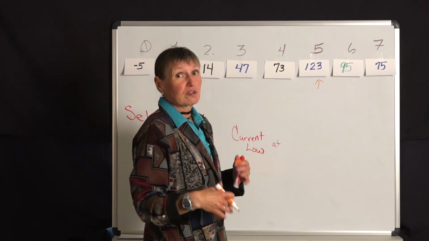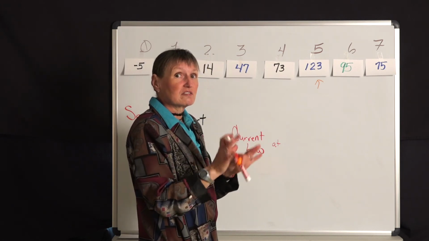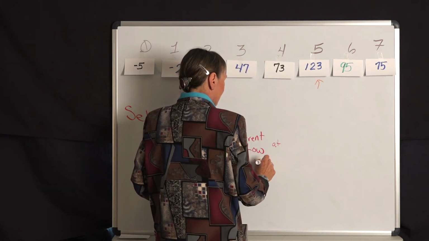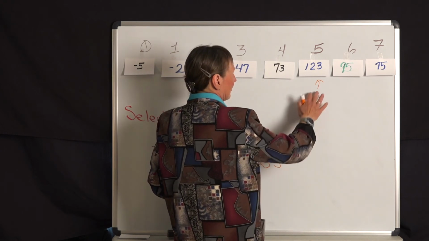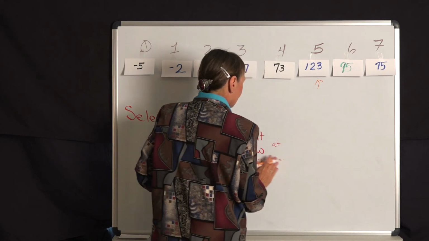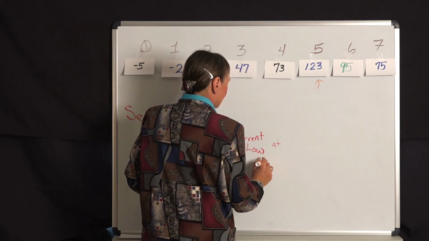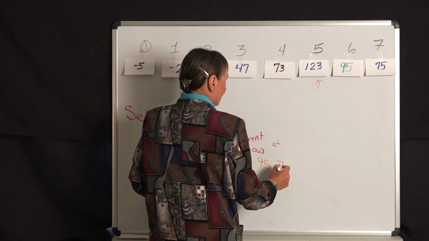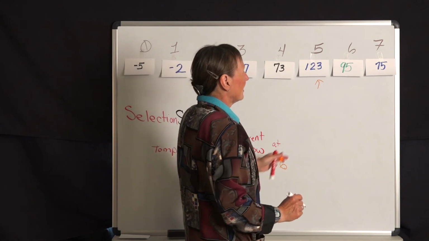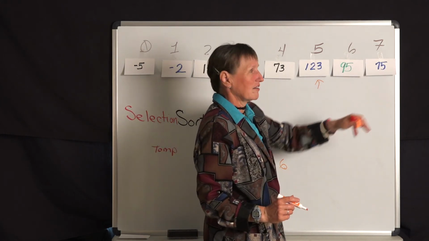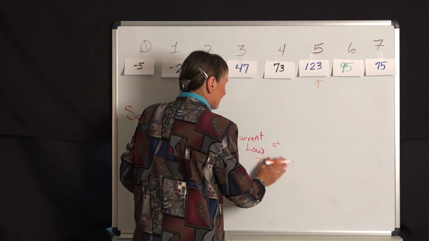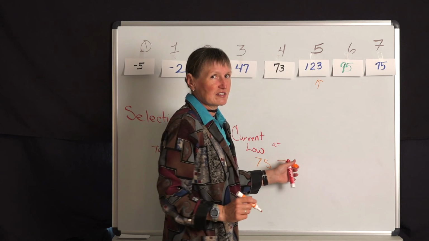And note, we only swap once each round. So here we have 123 at location 5 as our lowest one. 95 is lower than that, so we switch to 95 at location 6. And then we have 75, which is lower than 95. I was getting ahead of myself, at location 7.